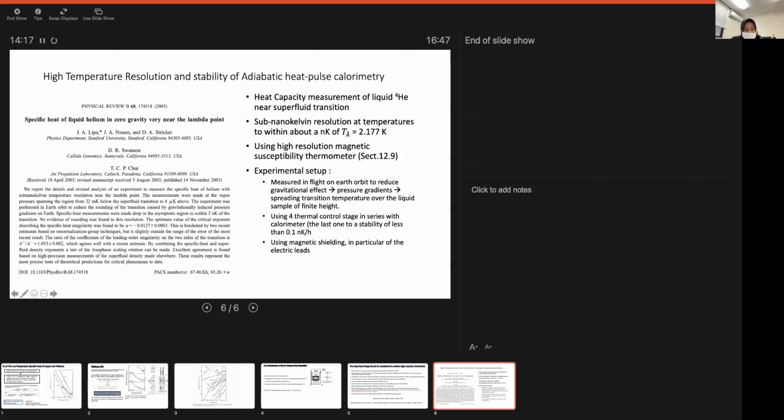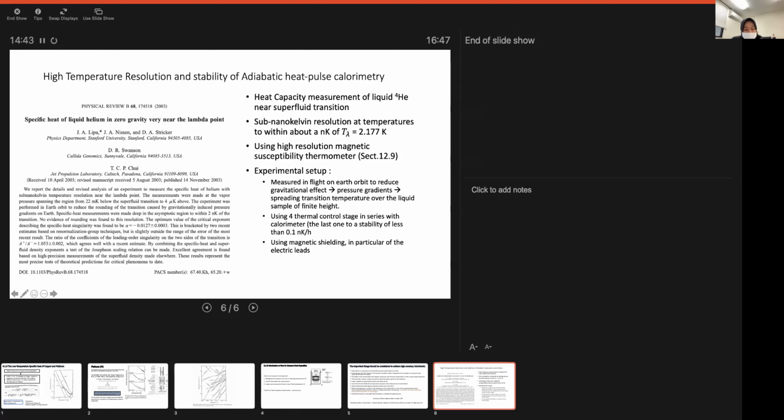They also use four thermal control stages in series with the calorimeter. The last control stage has a stability of less than 0.1 nanokelvin per hour, and they also use magnetic shielding.